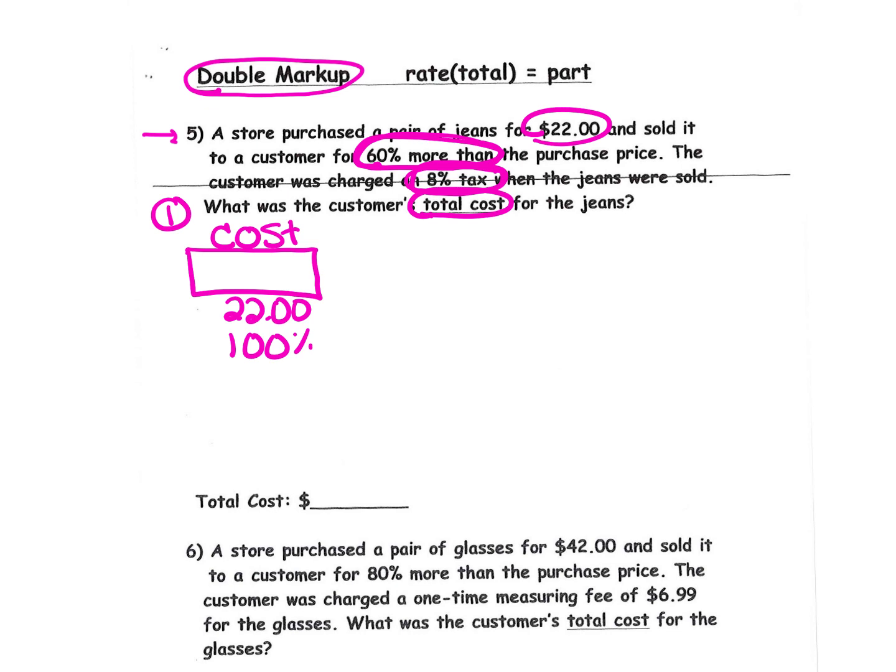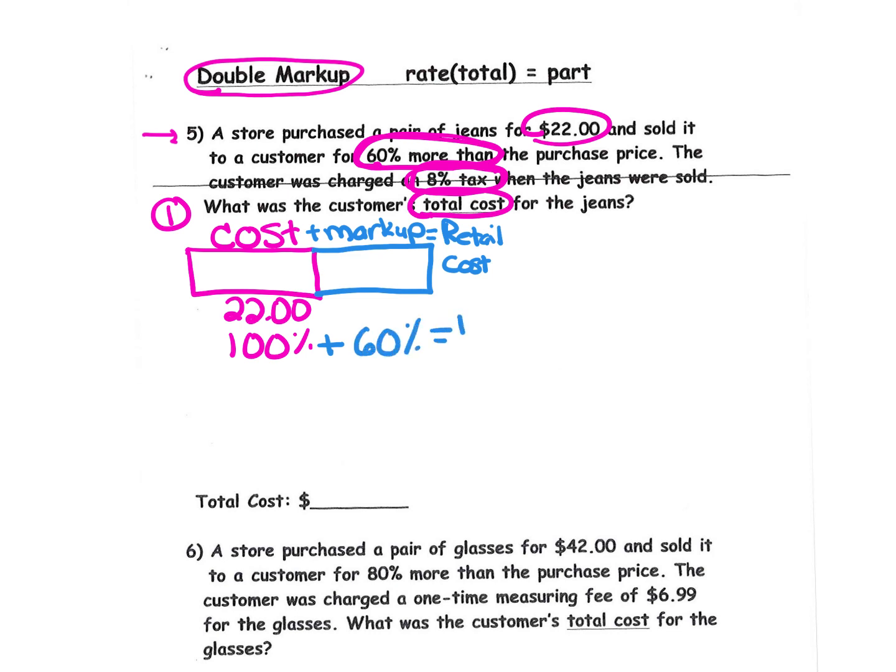Start your tape diagram. We have the cost at $22, and we're going to add on a markup so that we can come up with the retail price of the jeans for the customer. We know that we're going to add a 60% markup.